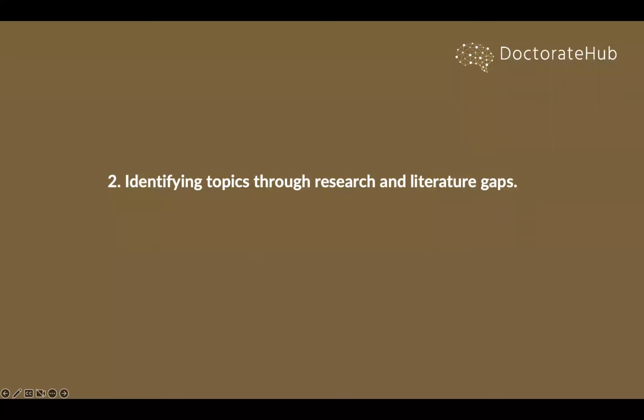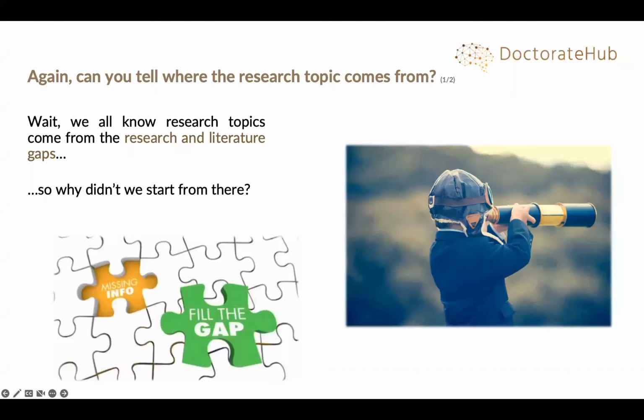And I think one needs to be very well aware of that when choosing or developing a research topic: the more I'm driven by imagination, freedom and choice, the less well-structured the research will start out. So again, can you tell where the research topic comes from? And are there any questions up to this point?